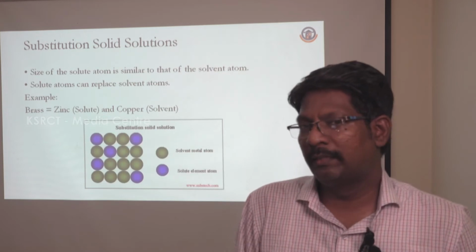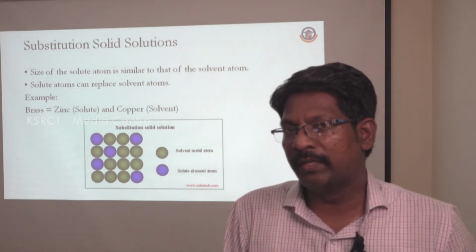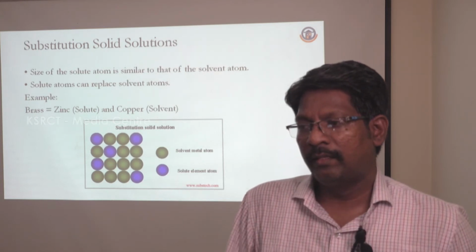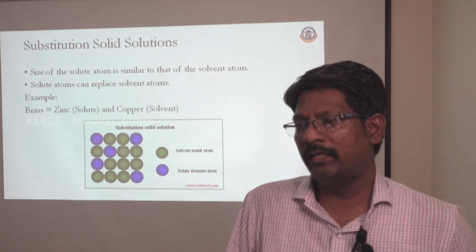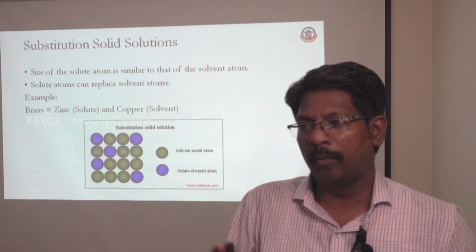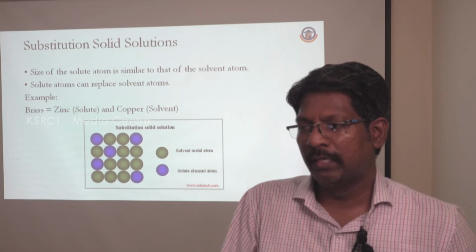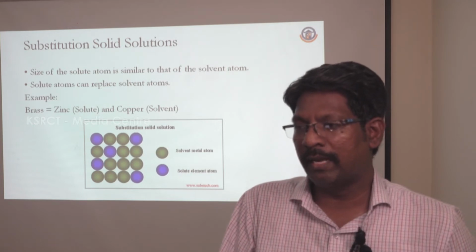Now, in the similar image we have seen in the previous slides, you can notice that the green color balls are the solvent, which is copper here, and the blue color balls are zinc atoms. The balls are nothing but atoms.